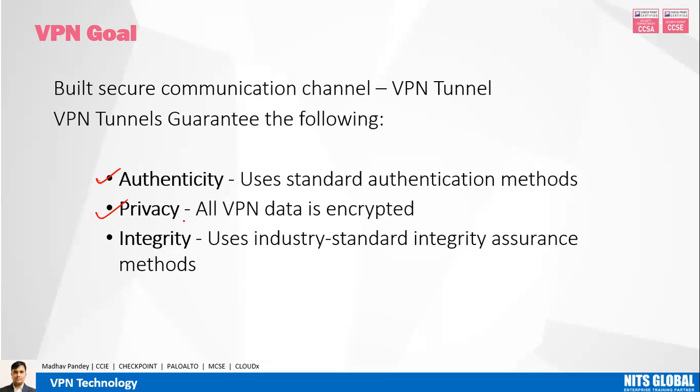All VPN data is encrypted going through the VPN. Everything you are sending to the other side or receiving from the other side is encrypted and secure. Unauthorized users cannot read or open it. And the third one is integrity. That means it uses industry standard integrity assurance methods.